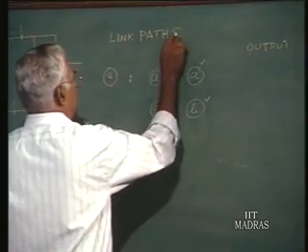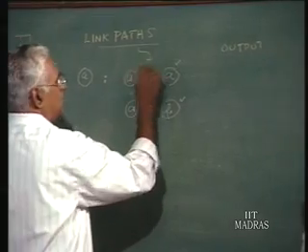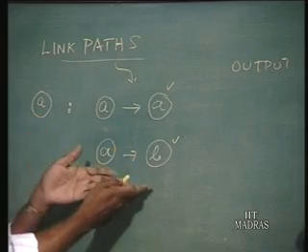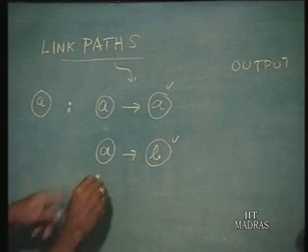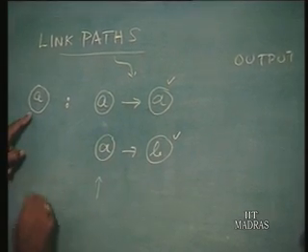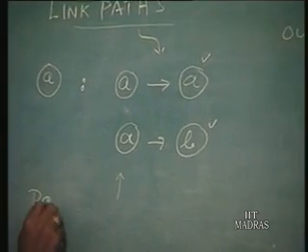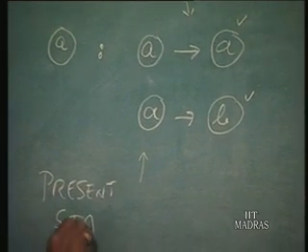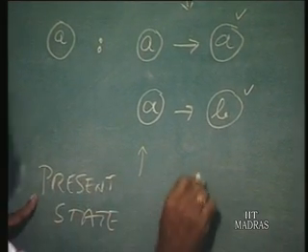So here you have these link paths, which actually talk about the next state. This is the present state we are talking about, right? From this present state, we are talking about the next state.